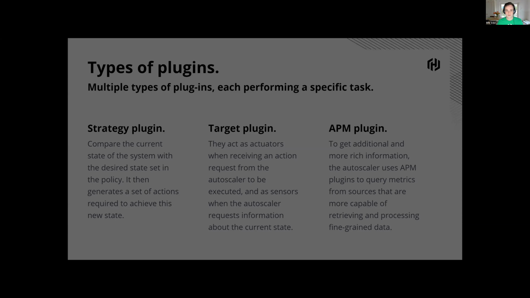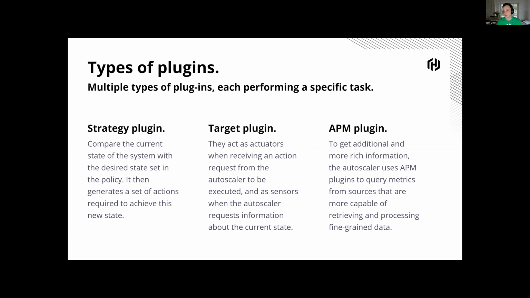If we take a look at the different types of plugins in the autoscaler, we have the strategy plugin, which compares the current state of the system with the desired state, and then produces a set of actions that need to be taken in order to reach the desired state. Then we have the target plugins, which function as two parts of the control loop.